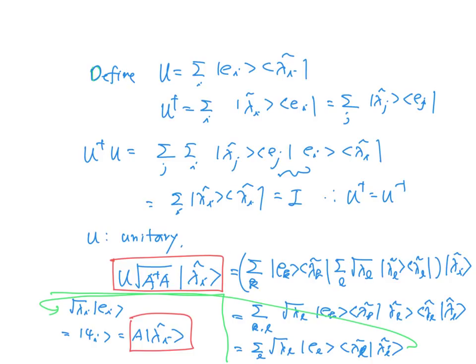So for all lambda I tilde, we have A is U square root of A dagger A. So this is a proof of the polar decomposition property. Very unique.